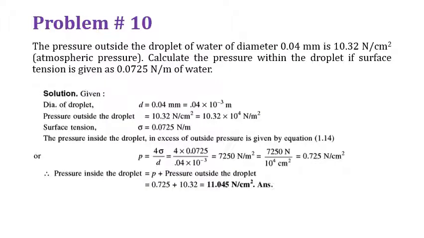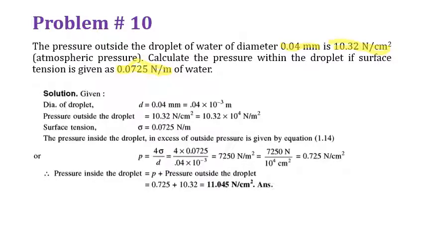So the last numerical for surface tension: the pressure outside a droplet of water of diameter 0.04 millimeter is 10.32 Newton per centimeter square. Calculate the pressure within the droplet if the surface tension is given as 0.0725 Newton per meter.